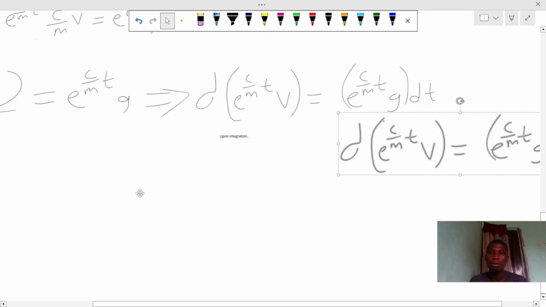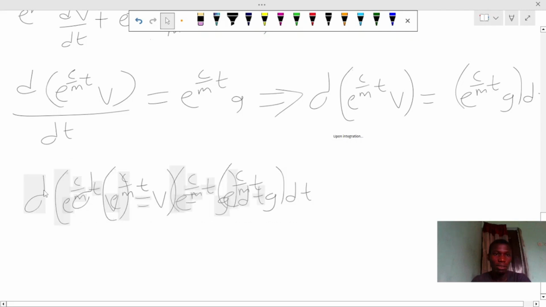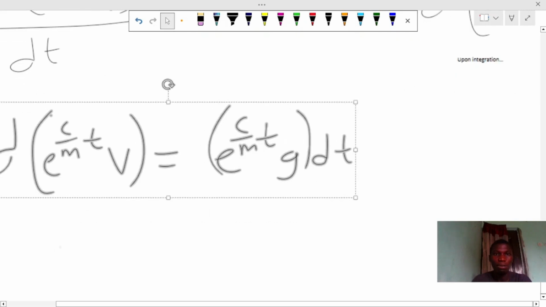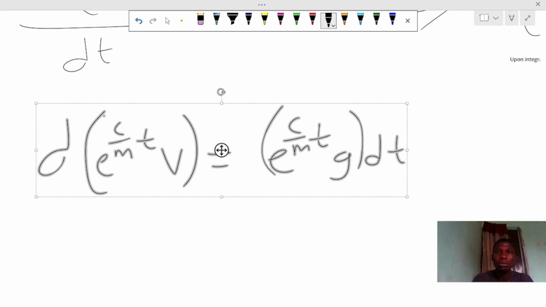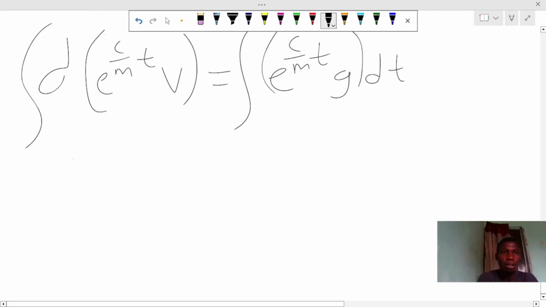So upon integration, we integrate this, and of course integration and differentiation cancel, and that will leave us with what we have inside the brackets.